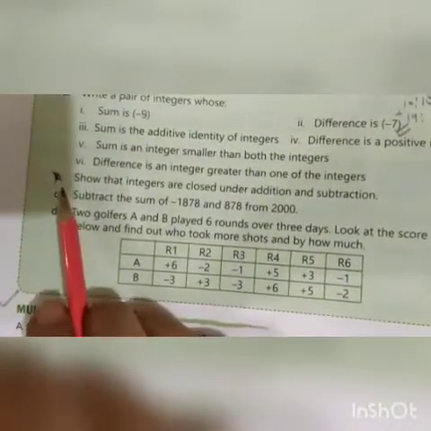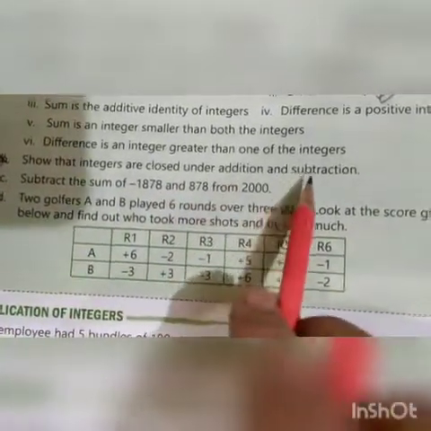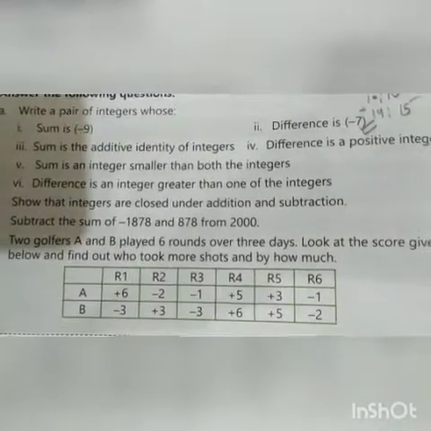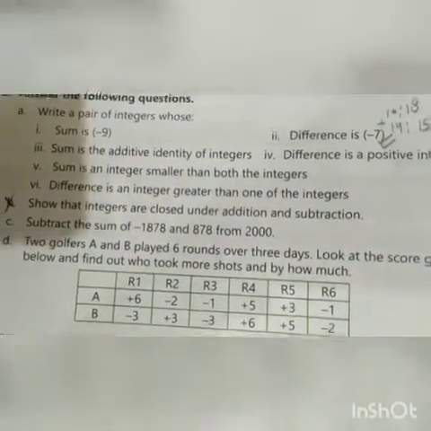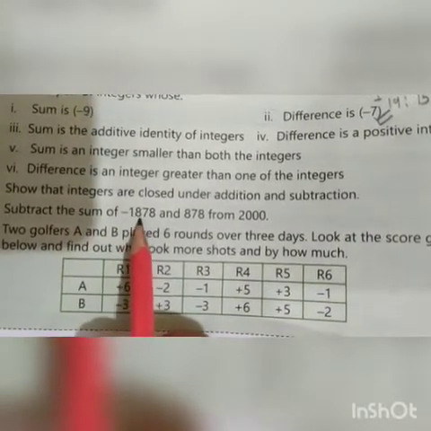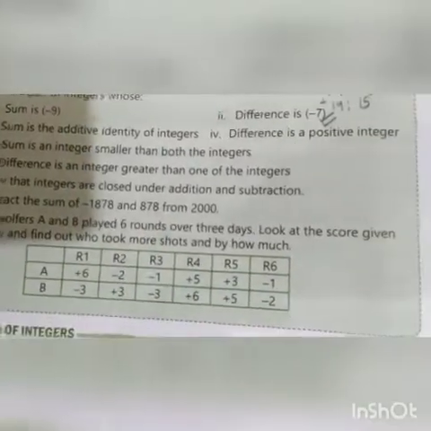Student, next question, its B part is: show that integers are closed under addition and subtraction. You can cut this question. Now come to C. Subtract the sum of minus 1878 and 878 from 2000. Already I have written this question also in my register.